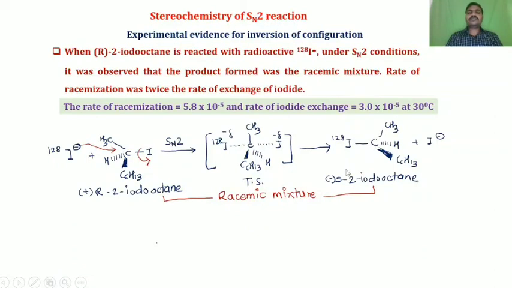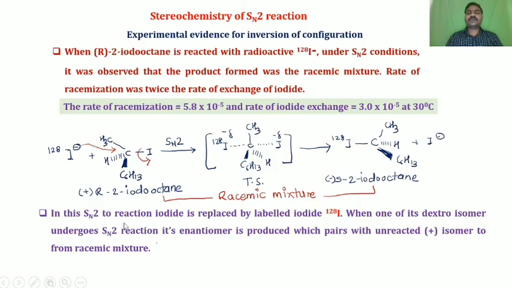So S-2-iodooctane is formed. In this SN2 reaction, iodide is replaced by labeled iodide-128, and when one dextro isomer undergoes SN2 reaction, its enantiomer is produced, which pairs with the unreacted plus isomer to form a racemic mixture.